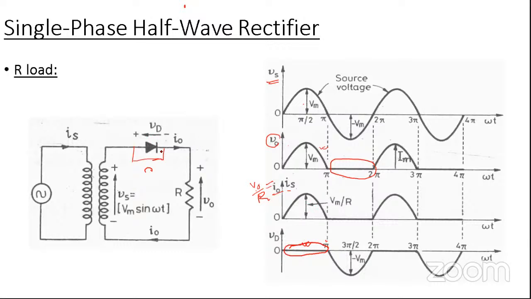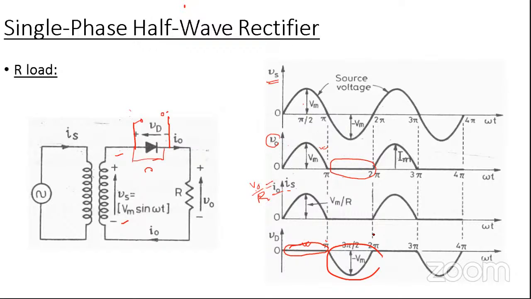The supply voltage is basically negative, so you can consider that path as an open circuited path. Here, this part is open circuited, and whatever the voltage across this terminal, with minus and plus polarity, is basically the voltage across the diode in the negative half. Okay, so in that way you have to draw the different voltage and current waveforms.